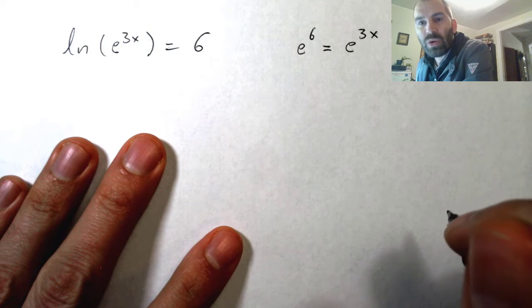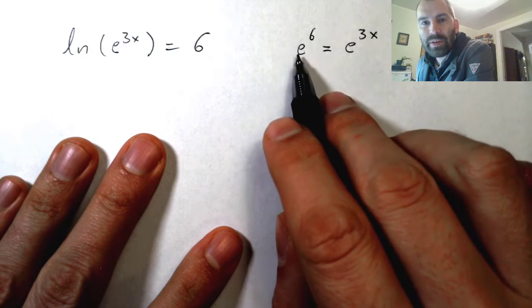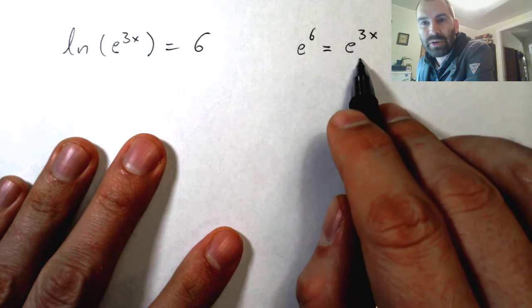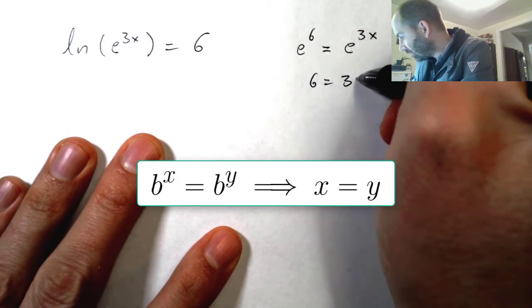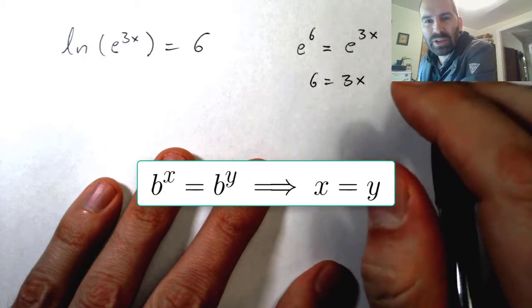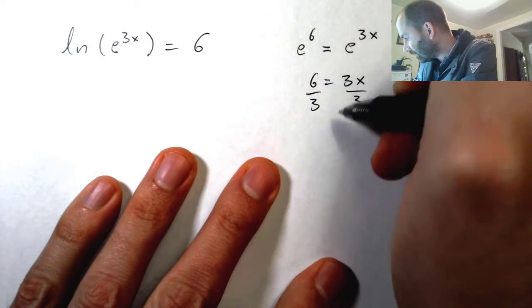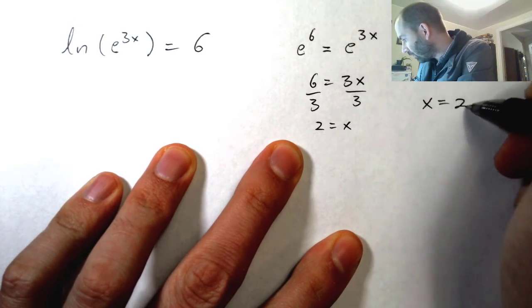Well, we use the one-to-one property of exponential functions, right? If you have two exponential functions with the same base, and they're equal, that means their exponents must be equal. Watch one of my previous videos about the one-to-one property of exponential functions to see more on that. Right, so then we divide by 3. So there's our answer, x equals 2.